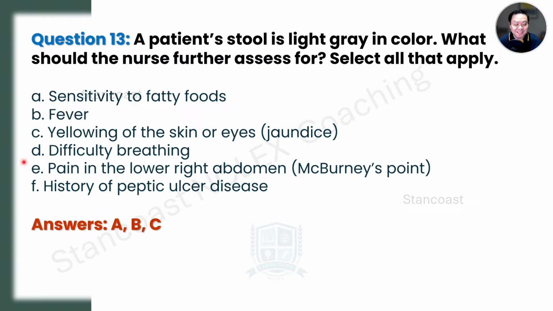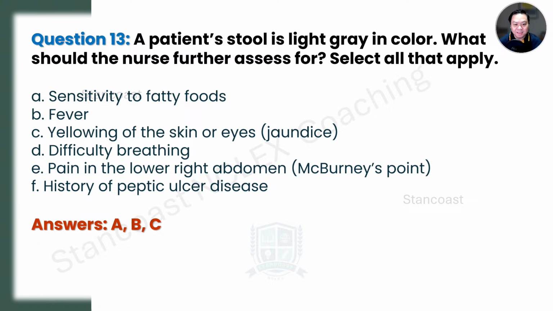If you selected letter D, difficulty of breathing, respiratory issues are not usually common in gallbladder or bile duct problems. If you selected letter E, this is indicative of appendicitis, not gallbladder inflammation or bile duct issues. If you selected letter F, history of peptic ulcer disease, well, this is something that would not cause the stools to become light gray.